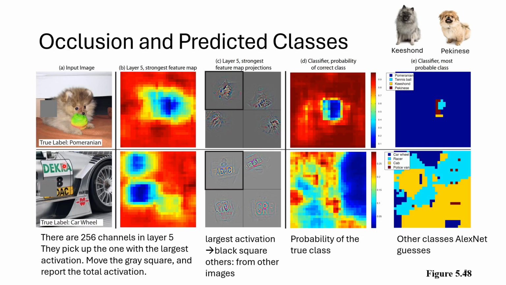Therefore, as you can see, if they move the grayscale to cover the label of certain brands, the activation value drops significantly. So when they use their reconstruction method to reconstruct the images, you can find it. So what is this?